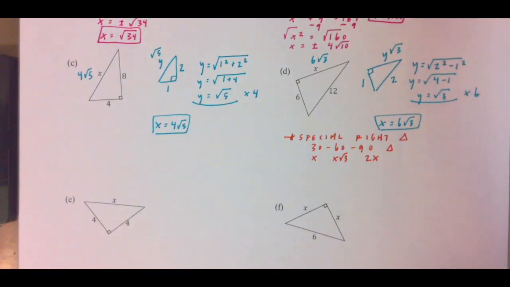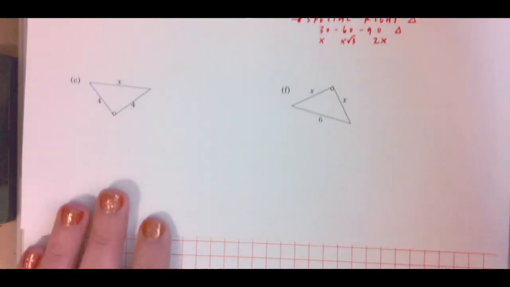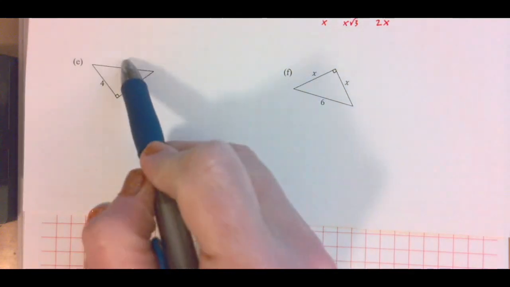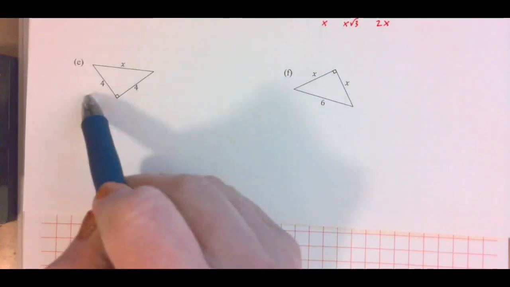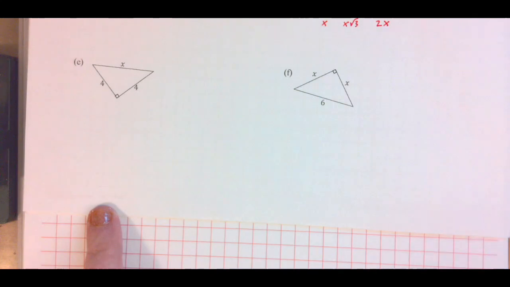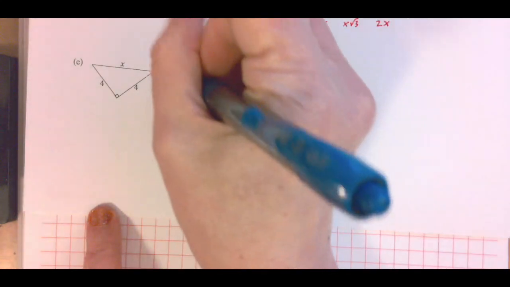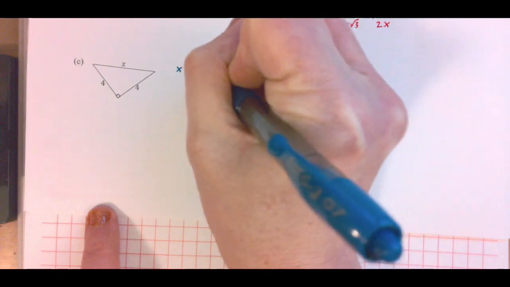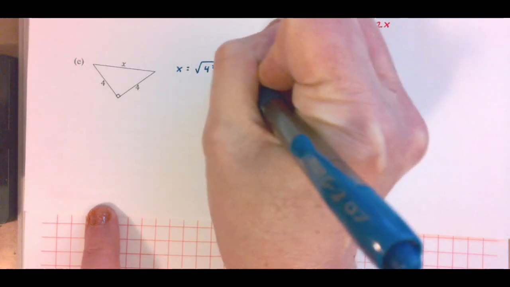Okay, last set. Here I'm solving for a missing hypotenuse. My 2 legs are the same. It's an isosceles right triangle. Let's use the shortcut. My hypotenuse is equal to the square root of 4 squared plus 4 squared.